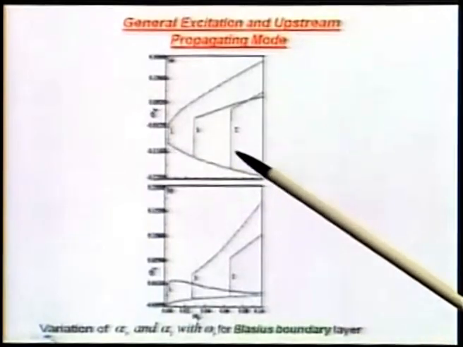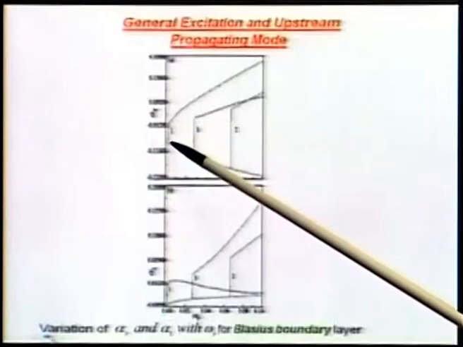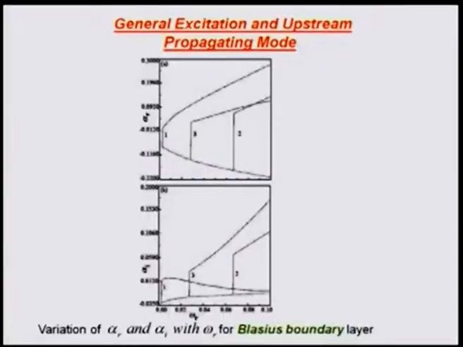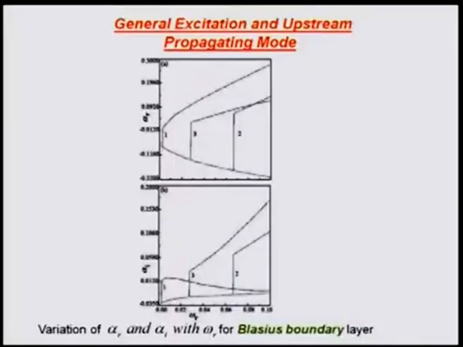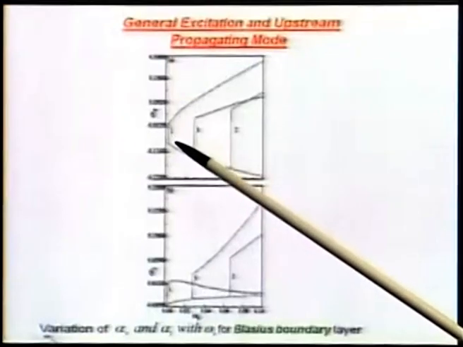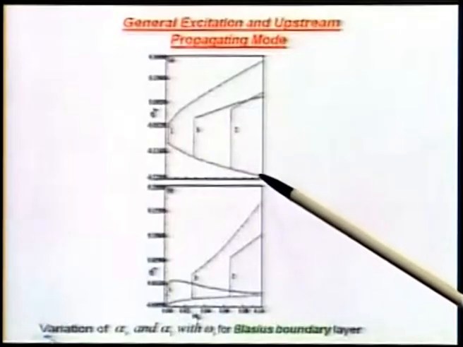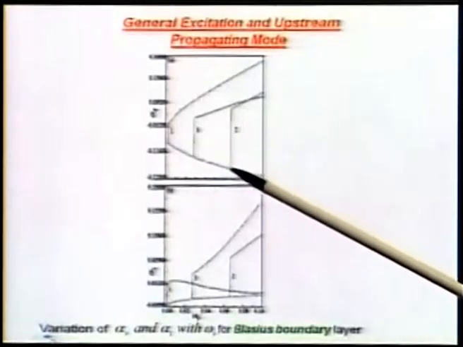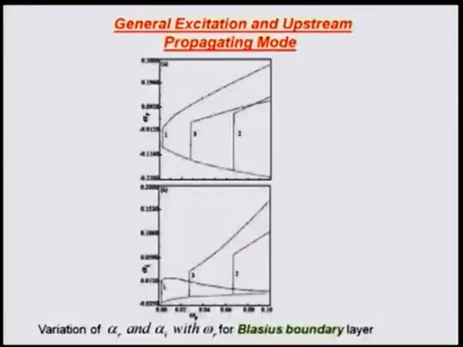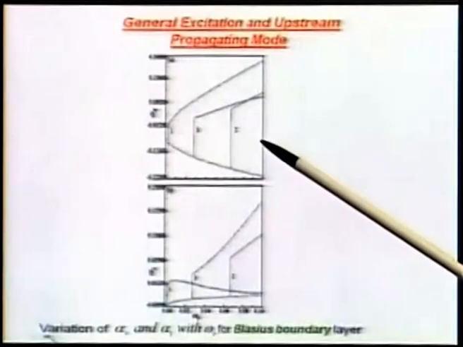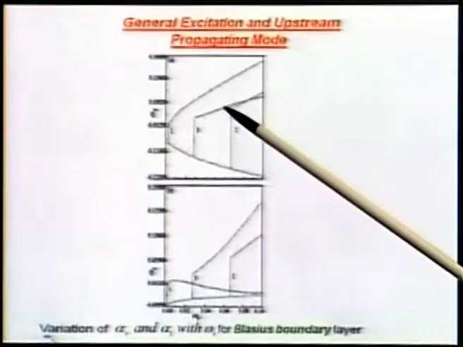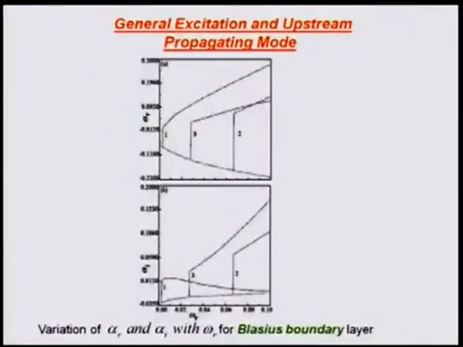If you are at the extreme here where there is no downstream propagating mode, only an upstream propagating mode, you start with that solution and keep increasing the frequency. You come up to this point, it does not go back, it remains there. So, this actually shows that this curve that you see is always there, irrespective of whether those are present or not. What may happen is that these modes are just abruptly disappearing.